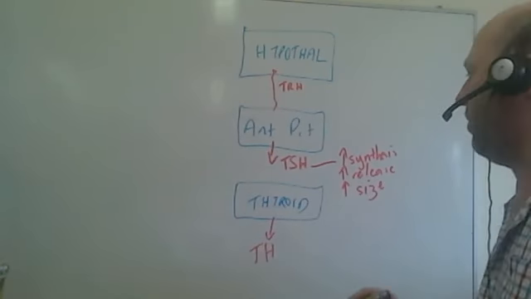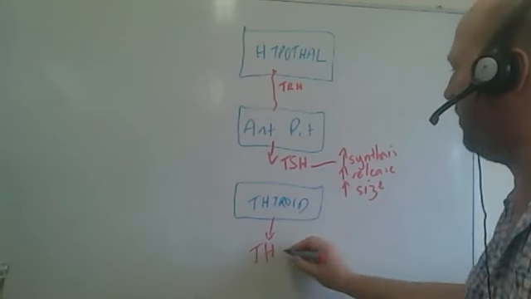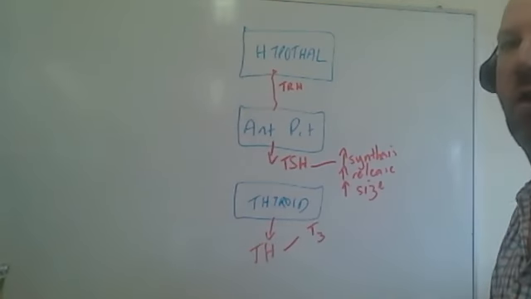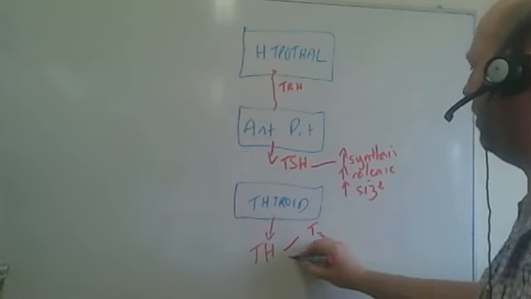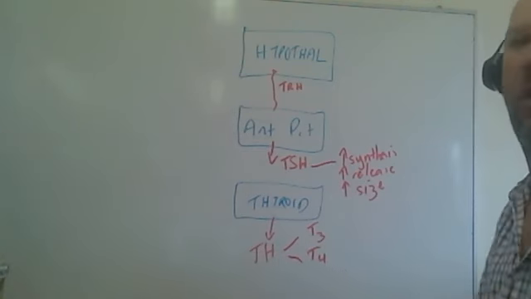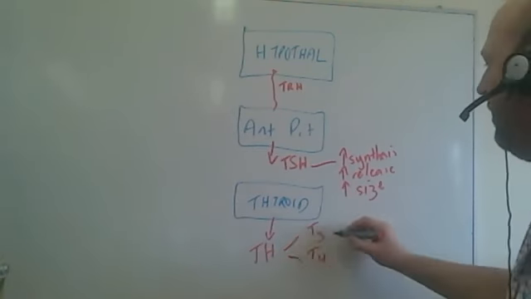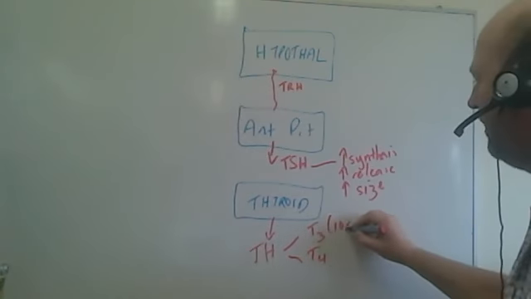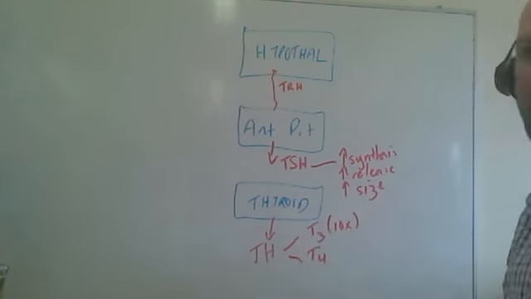What is thyroid hormone? Well, thyroid hormone comes in two forms. There's T3, which is triiodothyronine, and T4, which is thyroxine. Now, the activities of these are different. T3 is about 10 times more active than T4.